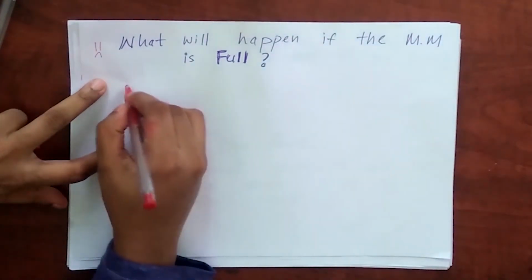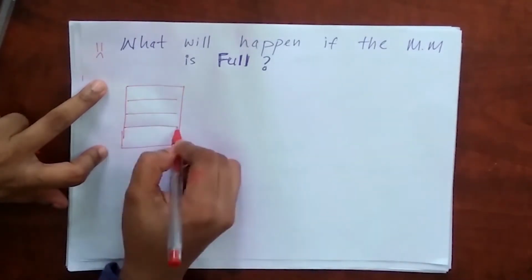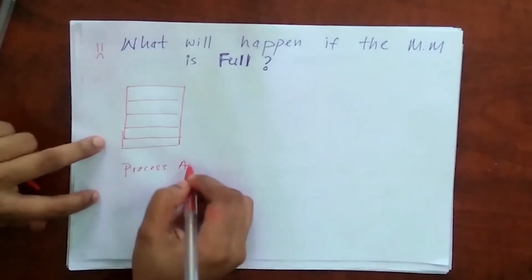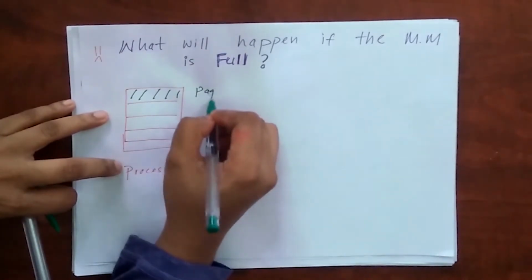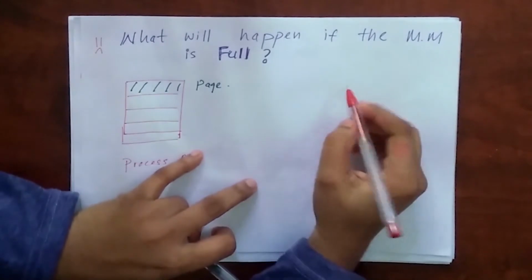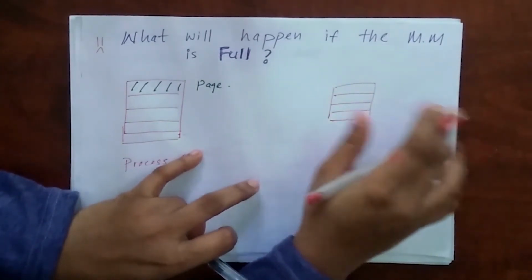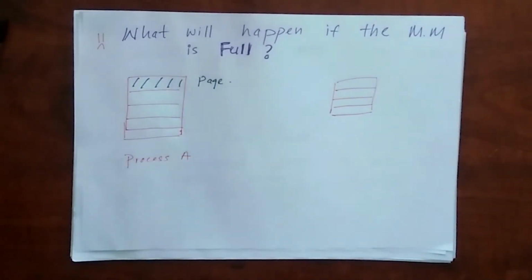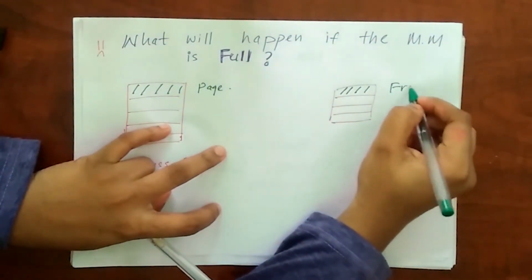I told you before that a process can be divided into equal sized portions, and one is called a page. In the same way, the main memory can also be divided into equal size portions, and in the main memory, one part is called a frame.